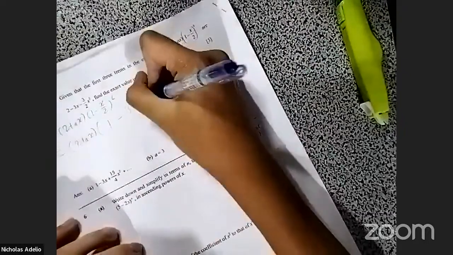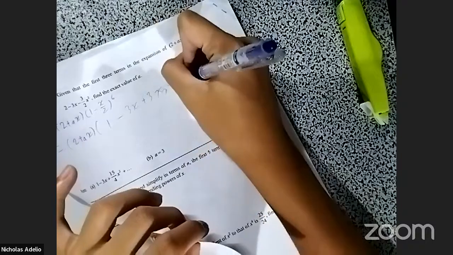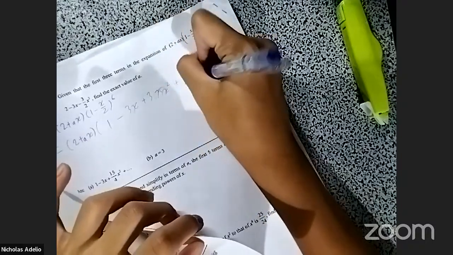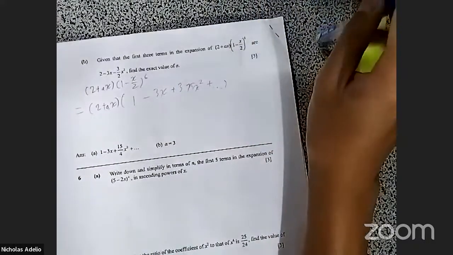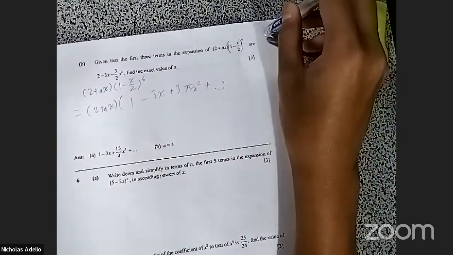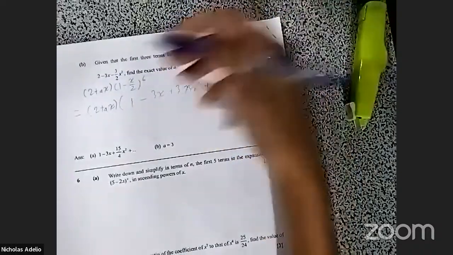Okay, let me. 1 minus 3x plus 3.75 x squared. So how many rainbows are here? How many in total? 6, right? 1, 2, 3, 4, 5, 6.